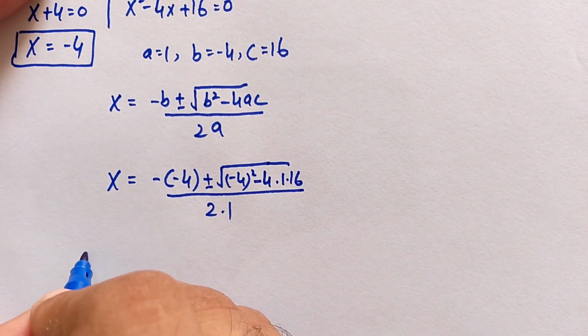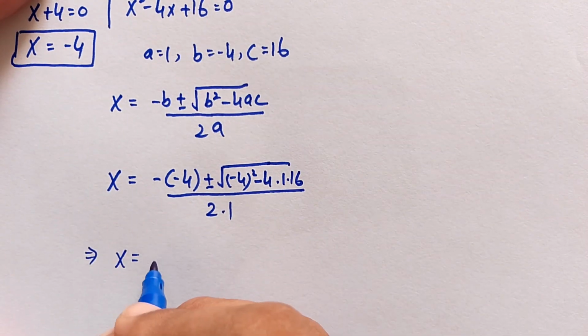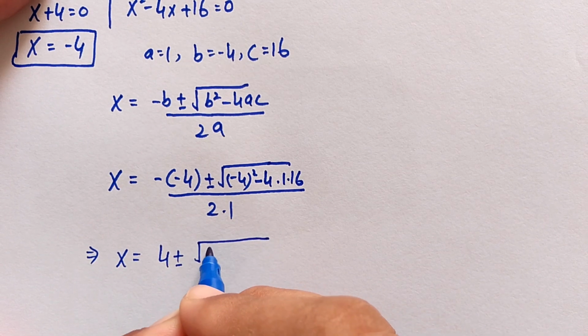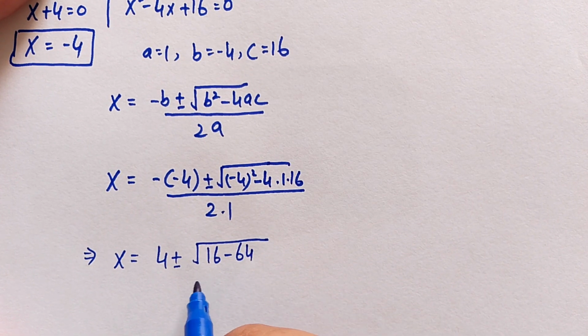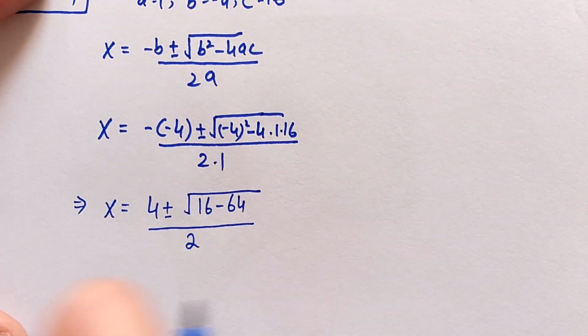Now in the next step, x is equal to minus times minus is equal to plus 4 plus minus square root of 16 minus 64 divided by 2 times 1, which is equal to 2.